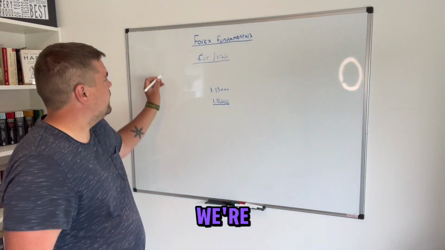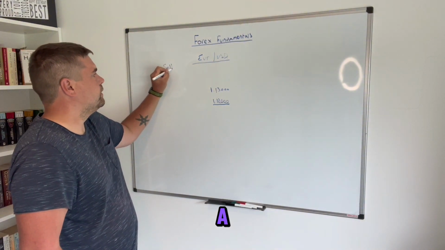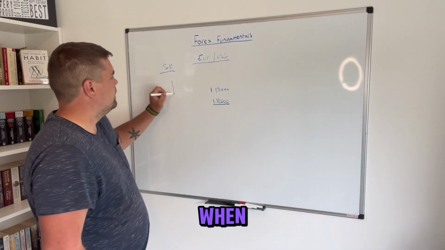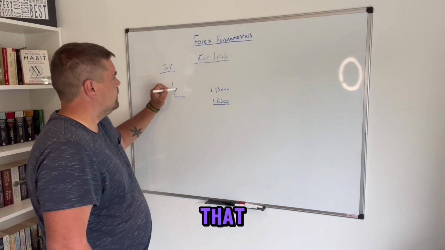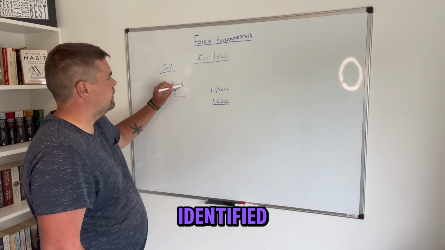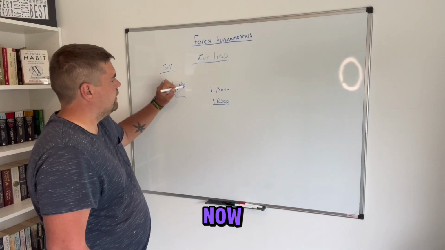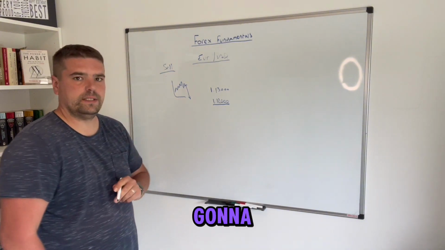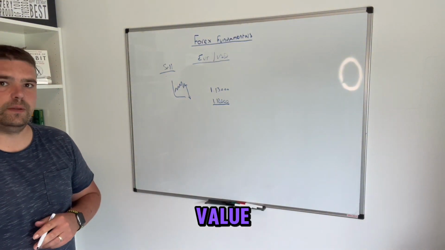Okay, so we're now going to look at a sell example. So you decide when looking at your charts that you've identified an area that you're now looking to short from. So you think that the price is going to depreciate in value.